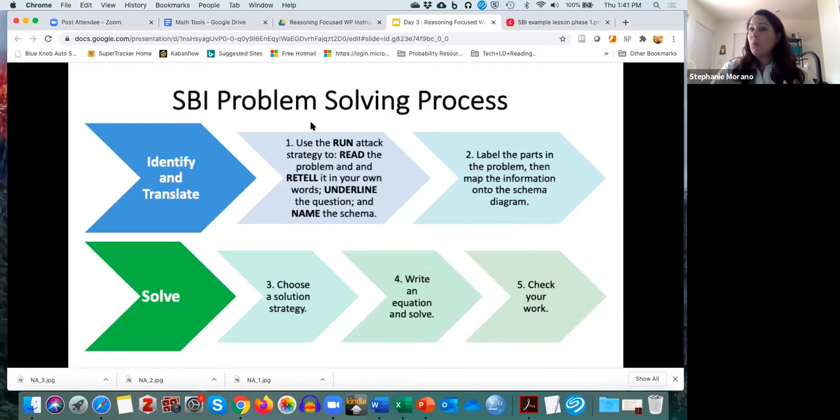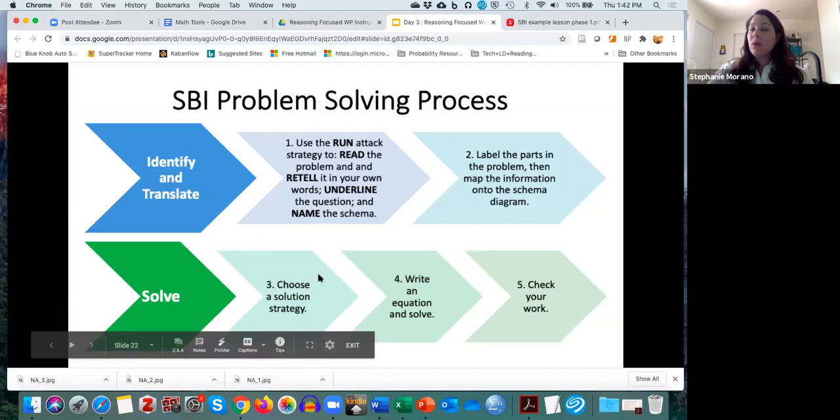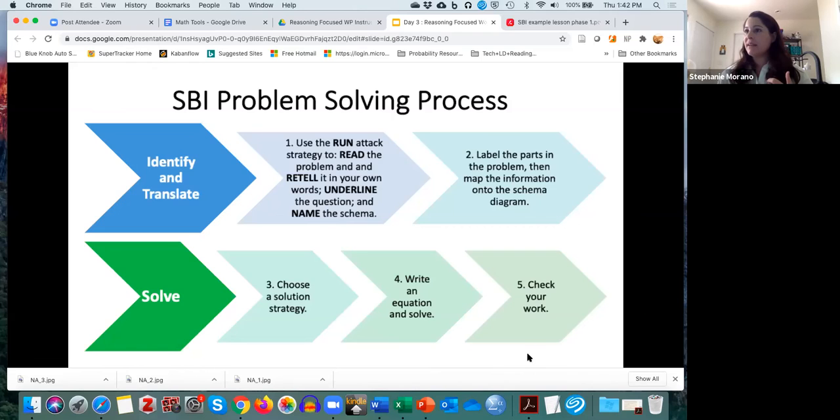So walk your other 2 partners in your group through your attack strategy. Walk them through labeling the parts and mapping that information onto the diagram. Walk them through choosing a solution strategy, writing an equation to solve, and checking your work. So just to give you practice and give you an experience of going through the entire process.